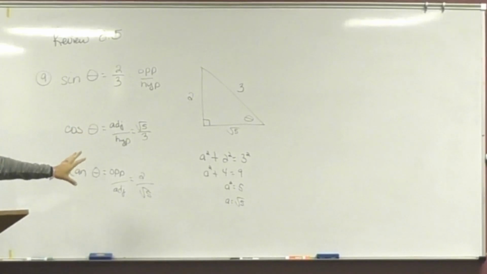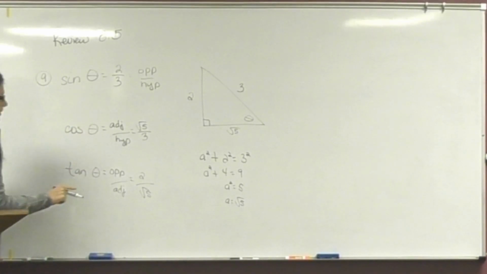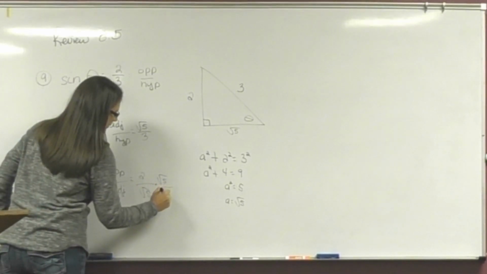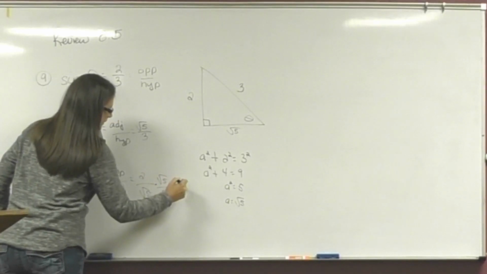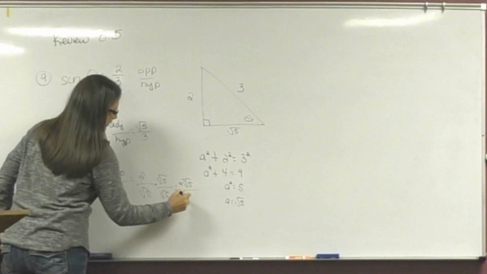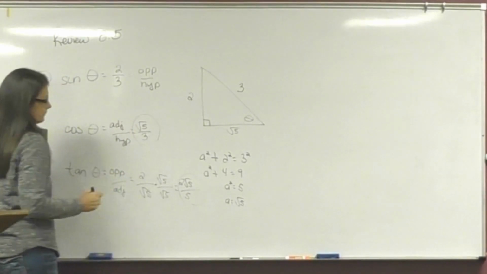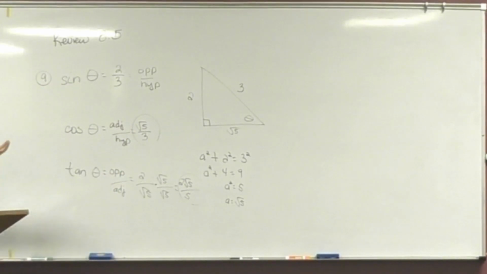This is not the right answer, okay? This is not allowed. So I have to rationalize the denominator. So that's your answer. That's your final answer. So there we just found the other two trig functions, okay?